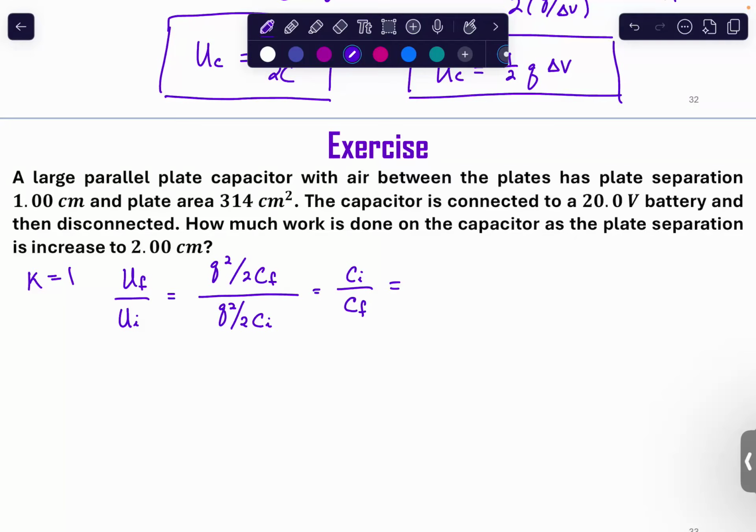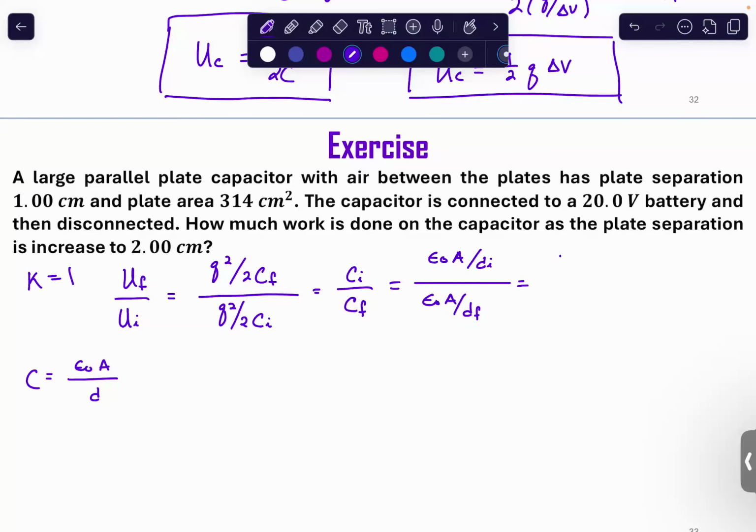What's an equation for capacitance that I can use? Because I want to get this in terms of a ratio of separations. Yeah. So remember, C is epsilon 0 A over D. So we have our initial distance, our final distance.